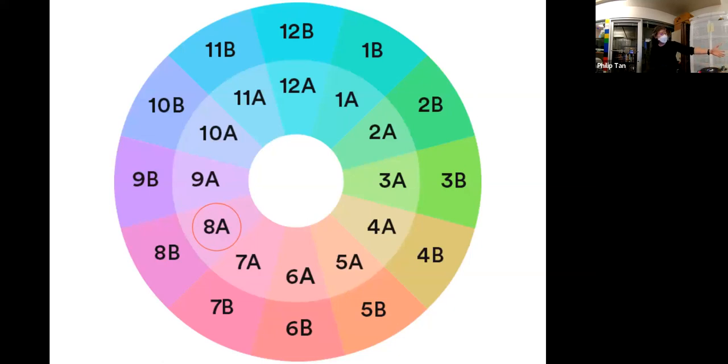If you're going from 8A, you can go up to 10A, and that's exactly going from this to this. So you're going 2 steps instead of 1. We already knew we could go up 1 step. Now we're just saying we can also go up 2 steps. Two steps is absolutely fine.